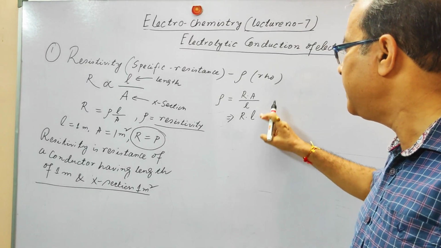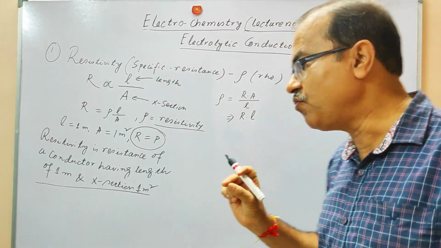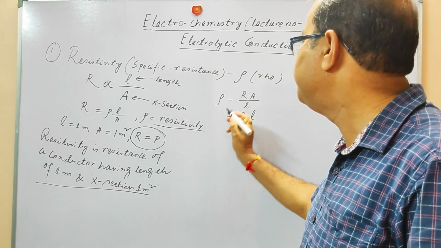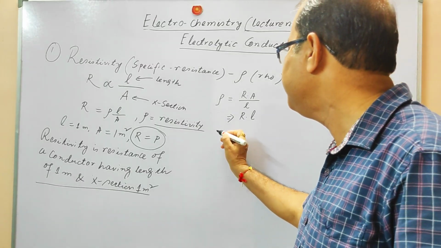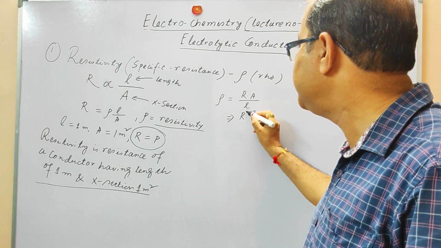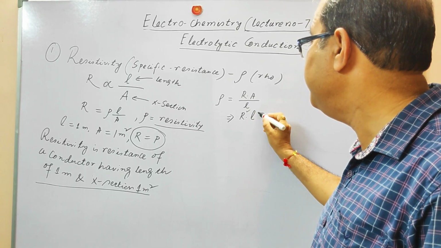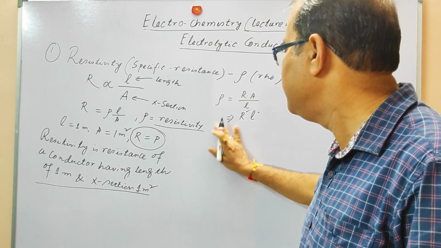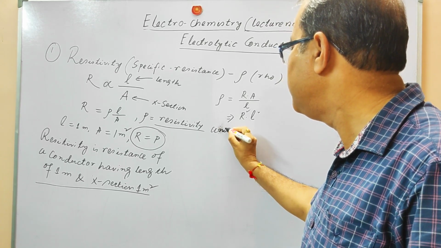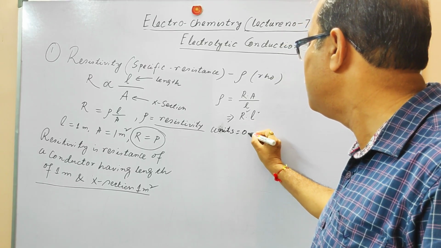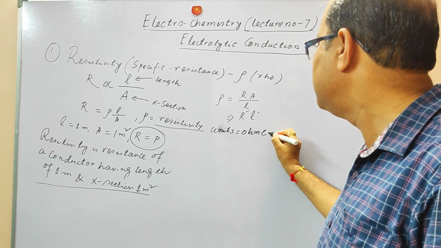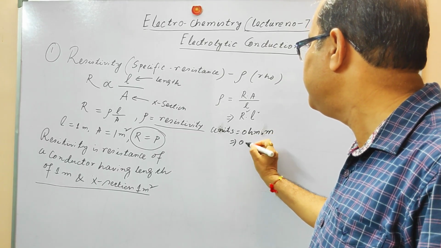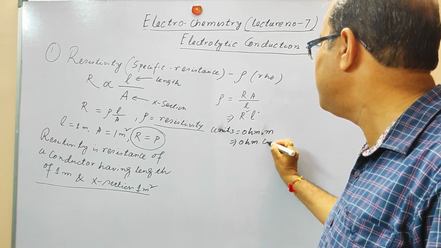So we can write L square is L, a cross section is L square, so it will be L. So the unit of this resistivity will be, because unit of resistance is R and unit of the length is meter, so we can write the units are ohm into meter, or another that we frequently use, ohm centimeter.